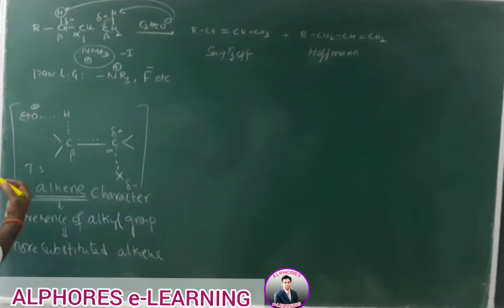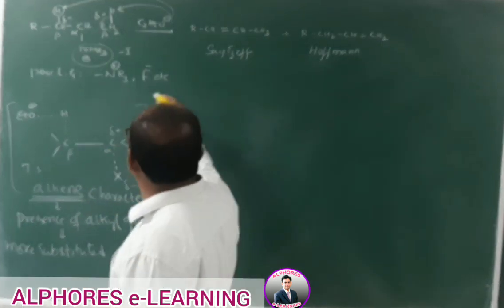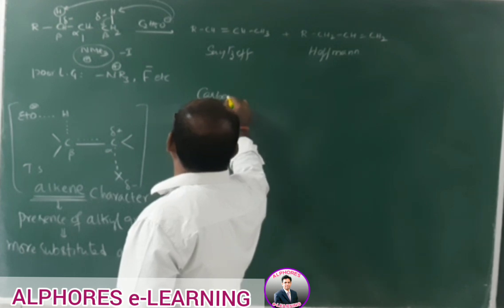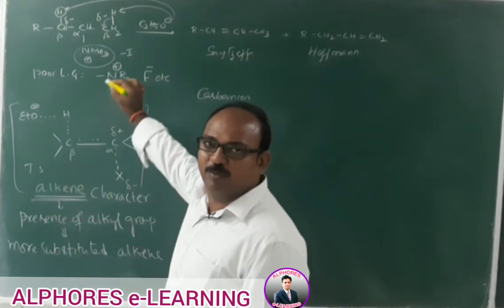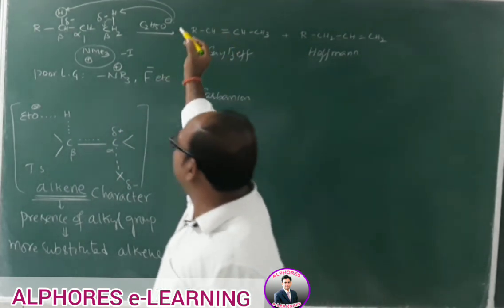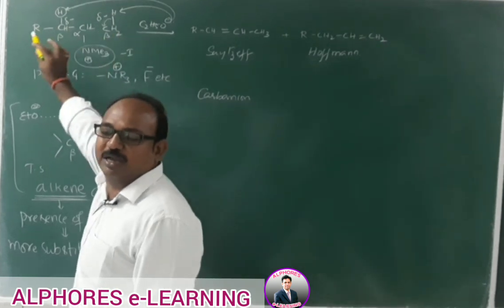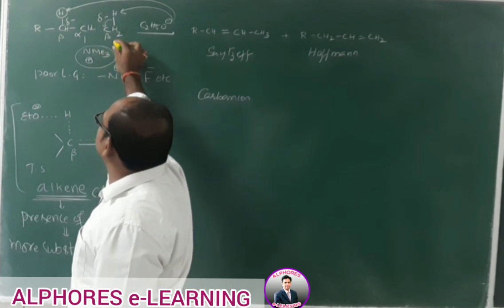Attaining partial negative charge is nothing but carbanion character. So when the leaving group is a poor leaving group like quaternary ammonium salts or fluorine, the base prefers to abstract a proton from either of the two beta carbon atoms, and we have to check which one is more stabilized.